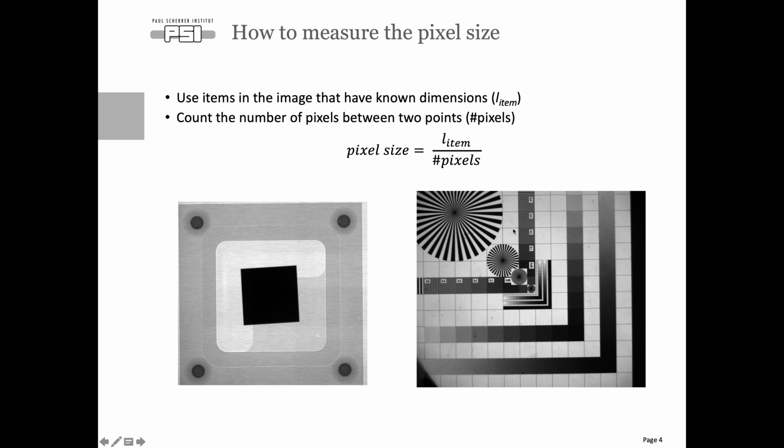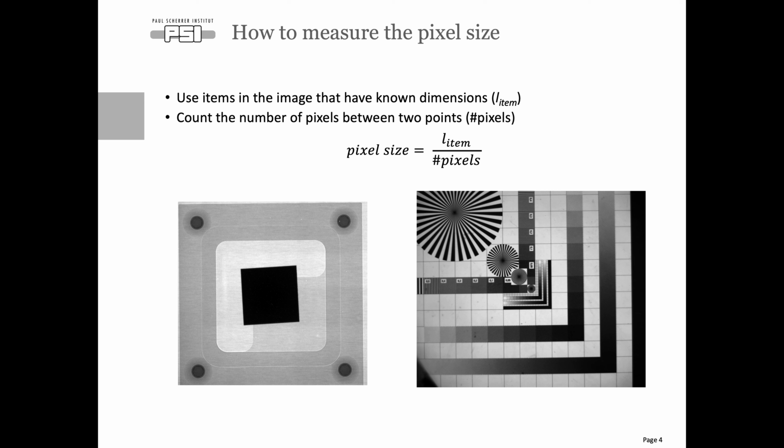The other one is a test pattern, and in this test pattern you have a centimeter between each of these boxes, which also gives you a good dimensional measurement. Typically, you want to measure over as many boxes as possible. Then the pixel error is reduced.